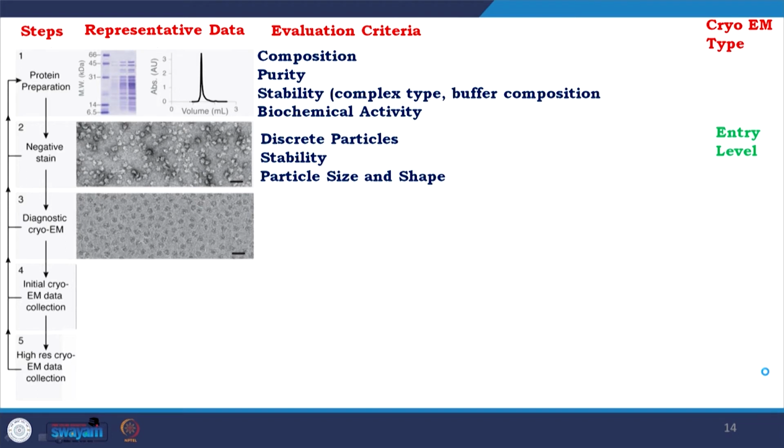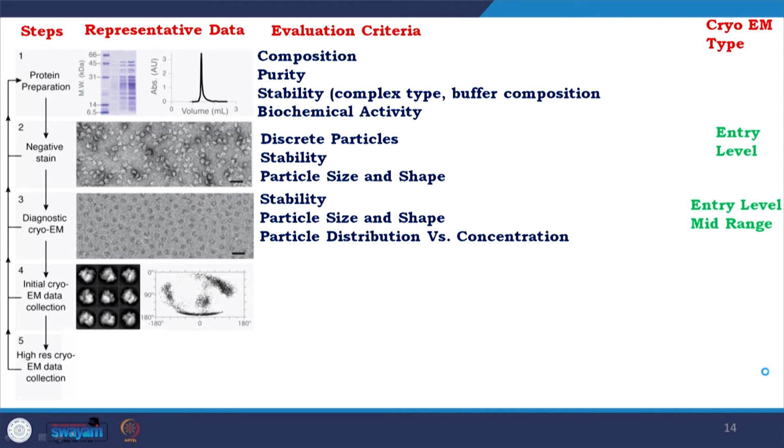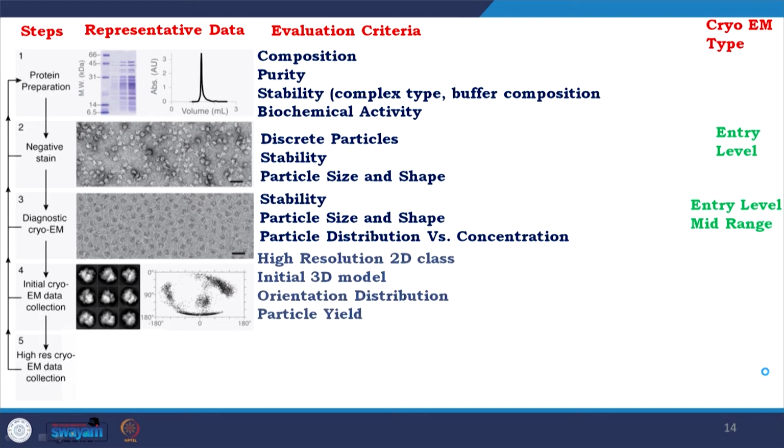Then going for cryo-EM visualization, you also call it diagnostic cryo-EM. Here you are going to look for stability, particle size and shape, particle distribution versus concentration. You need an entry level to mid range cryo-electron microscope for that. Then initial cryo-EM data collection, you see the particles, the distribution.